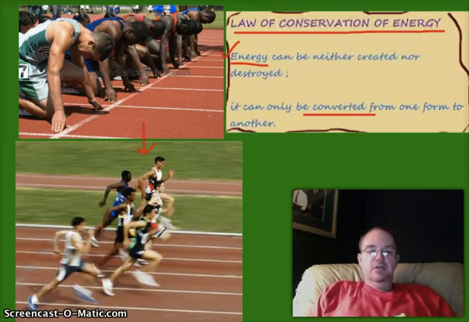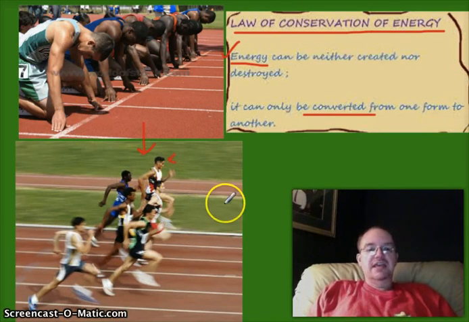Where do they get the energy to run? They have their muscles, and they have the food that they ate. You can literally dissect and take the energy that this dude right here is using to run and trace it back to some kind of food that he ate, which is giving him that energy.